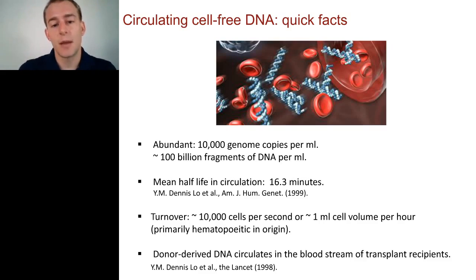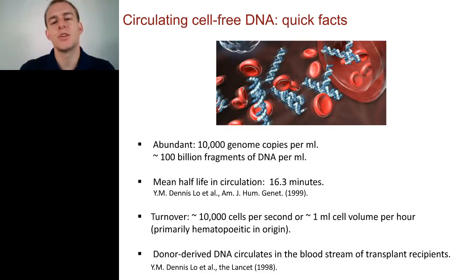The mean half-life of cell-free DNA is short, 15 minutes. So that means that the turnover rate of cells must be pretty high in order to sustain this steady-state level of cell-free DNA in blood. Already 15 years ago, Dennis Lo found that in the context of organ transplantation there are actually donor-derived DNA molecules circulating in plasma.